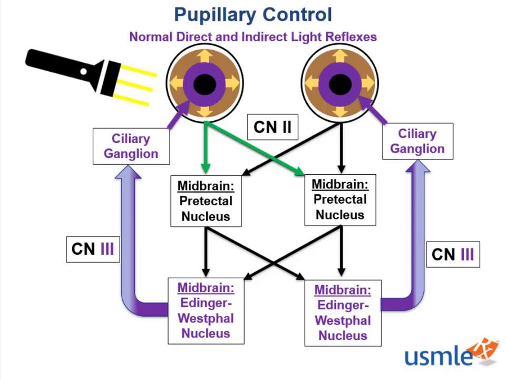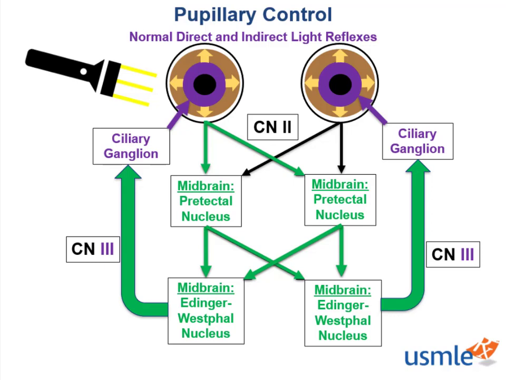From light being shone into one eye alone, these pretectal nuclei will send bilateral signals to the Edinger-Westphal nuclei. From light shone into one eye alone, bilateral Edinger-Westphal nuclei will send preganglionic parasympathetic nerve signals via bilateral cranial nerve 3s, oculomotor nerves, to bilateral ciliary ganglia.